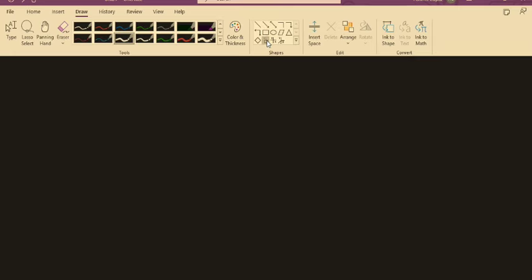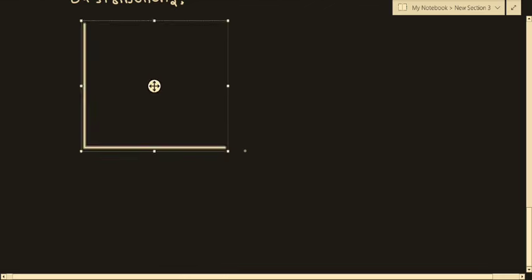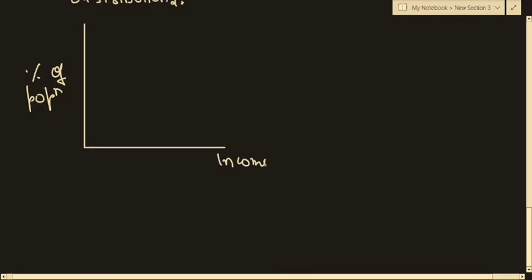There is a graph, you can include it in your answers while explaining this principle. Let's quickly draw it. This says percentage of population, and this is income range.